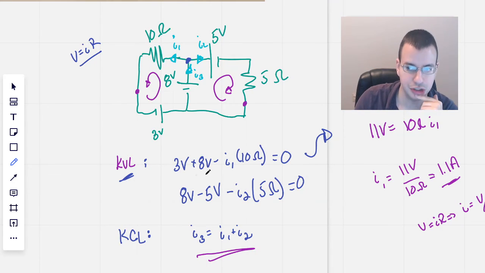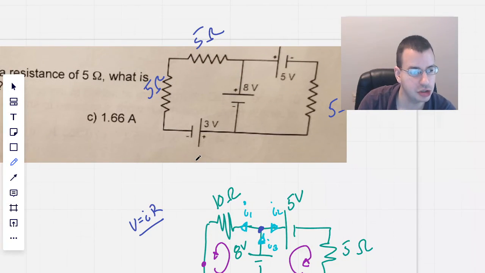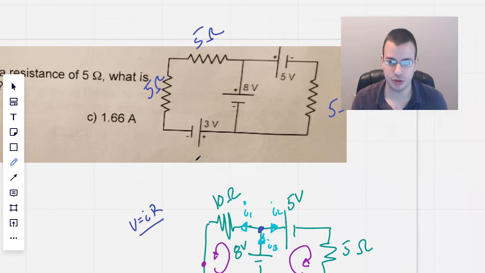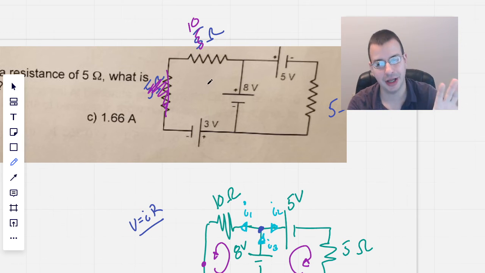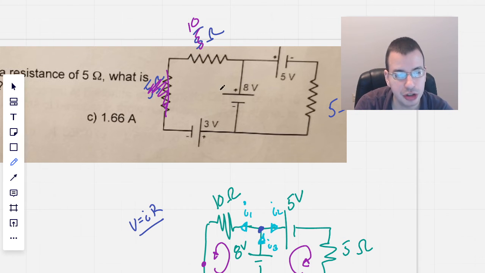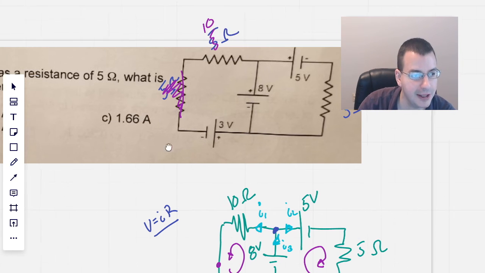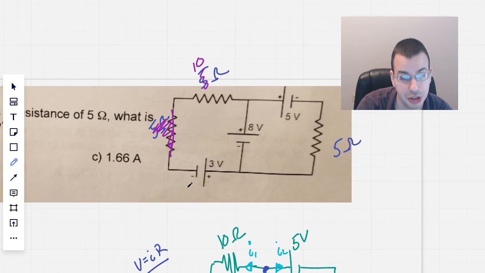A slightly less traditional, more intuitive way of approaching this problem is just looking at it and reasoning it out. I'm going to quickly scribble this, draw that straight, call this 10 ohms. I know, I should be more careful with my drawings. If we want the current through the 3 volt battery, well, this battery is maintaining a 3 volt difference across this portion.